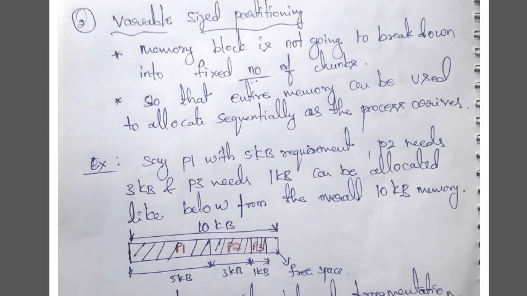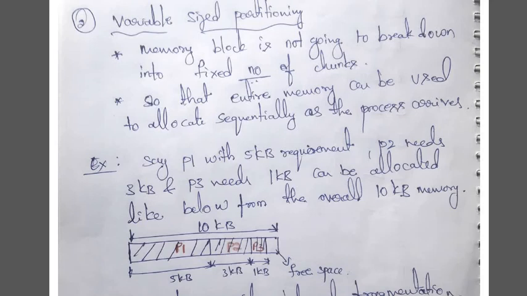Even though this is contiguous, and we need to allocate the memory continuously, here the memory block could be of varied size. The memory is not going to be broken down into a fixed number of chunks.